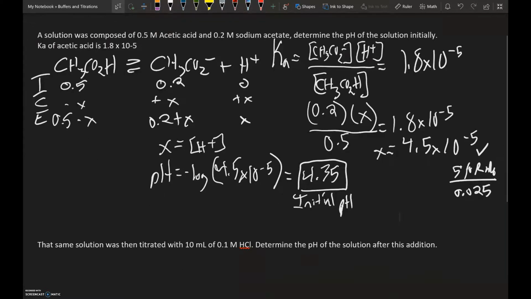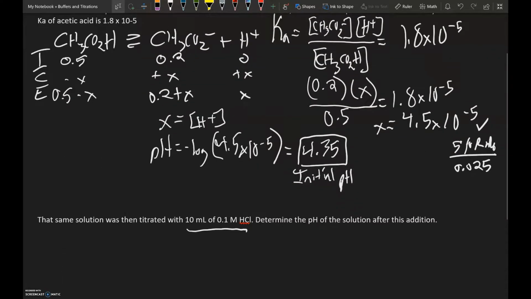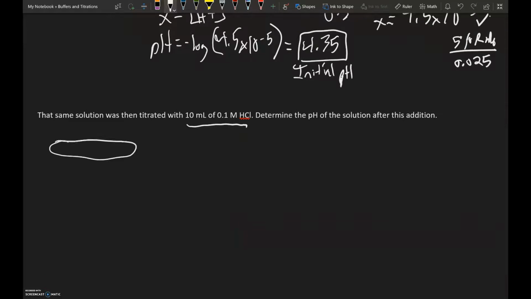Now, in our next problem, the same solution is then titrated with 10 milliliters of HCl. Now, this is where we have a different problem taking place. So the HCl is added into this solution that contains, I'm going to draw a little beaker here for us to look at. So we have this solution.